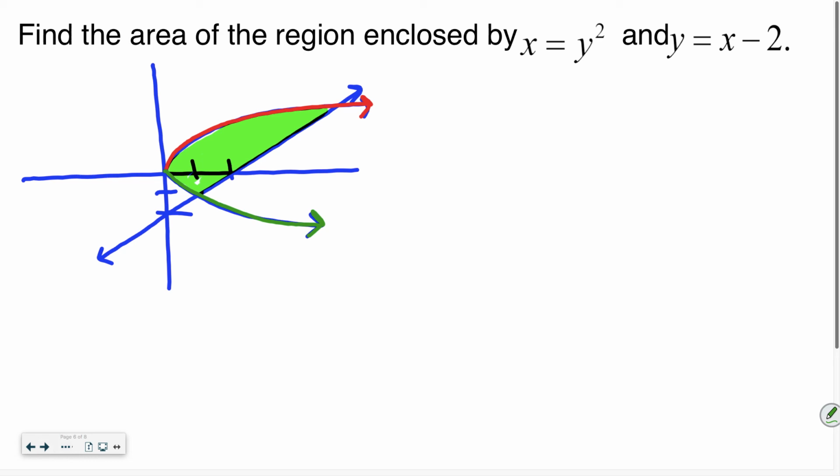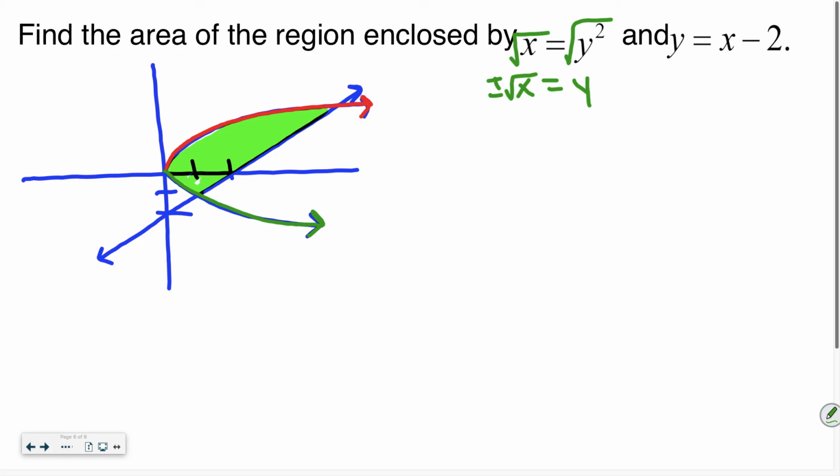Okay, does your region look like this? Now, when I pointed out that x equals y squared, Huntington asked, well, about y equals radical x. Yes, and y equals negative radical x. So if we were to solve this for y, we would have y equals plus or minus radical x.